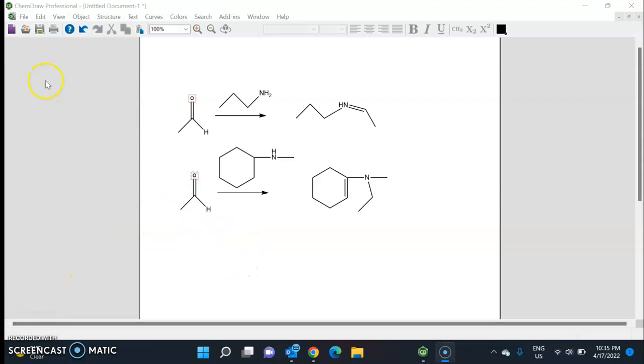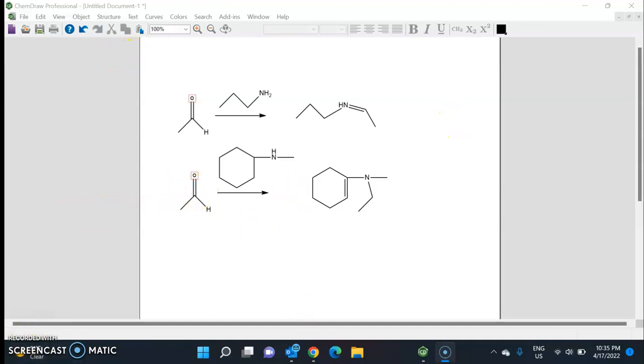But if we have an acid like sulfonic acid, or that as a group on a molecule, then we will actually have a bit of a different mechanism where the OH forms before the nitrogen adds to our carbon.